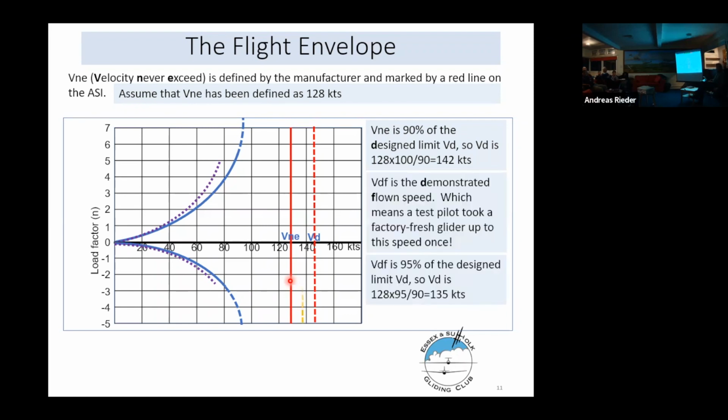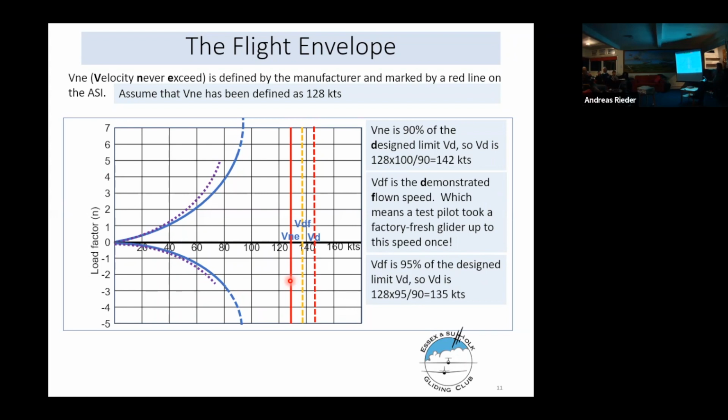However, at some point, some test pilot has taken a brand new aircraft out of the factory and test flown it up to a speed known as VDF, the design speed which has been demonstrated by flying. And this is 90%, 95% of the design speed.